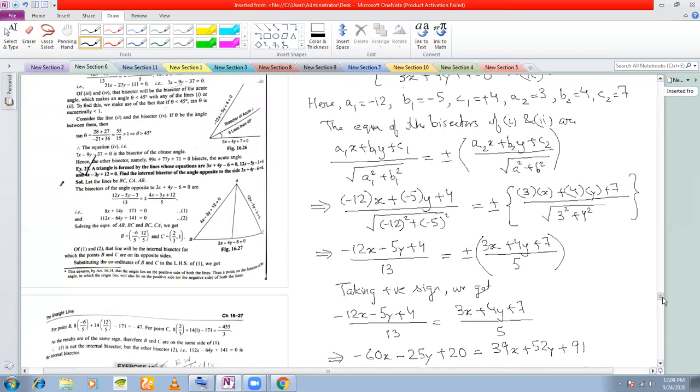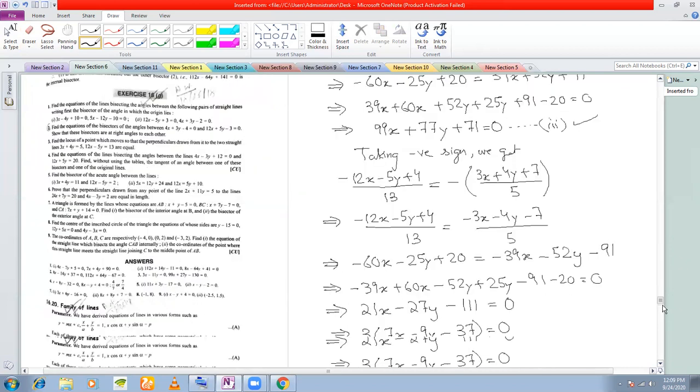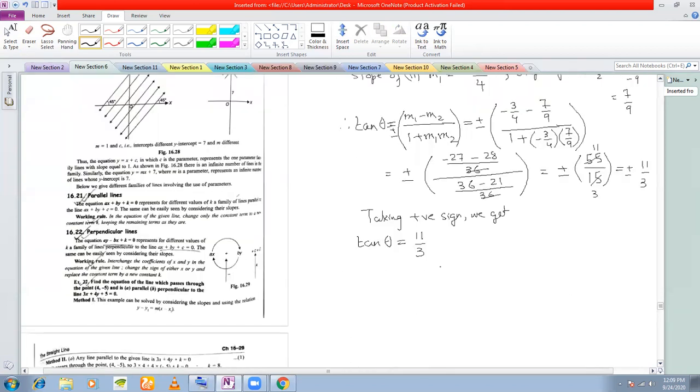Now 11 by 3 is greater than 1. That means tan theta is greater than 1, so tan theta is greater than tan 45 degrees. That means theta must be greater than 45 degrees.